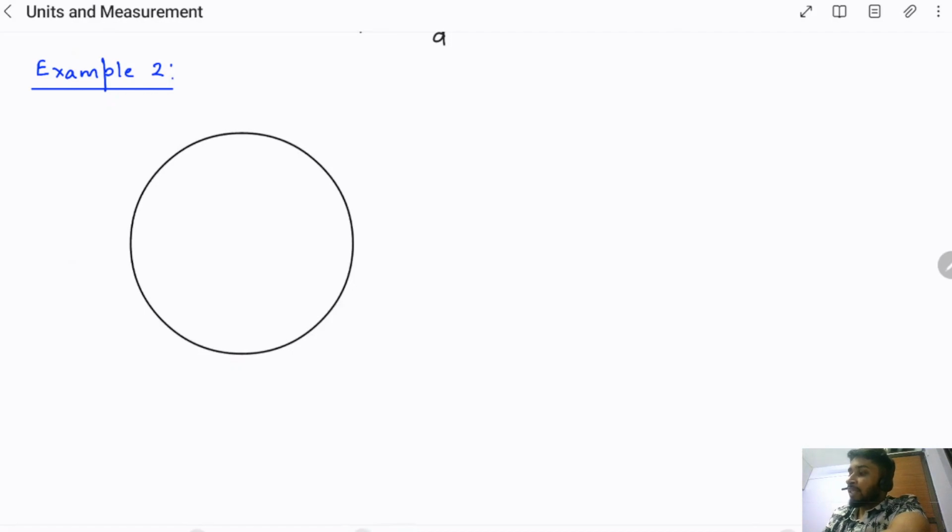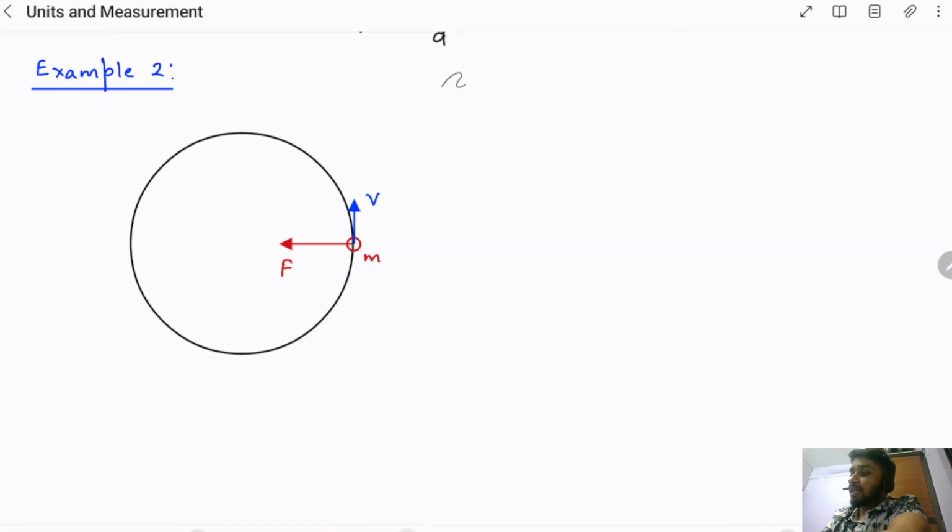So when an object of mass m moves in a circular path with certain speed v, then it experiences a force towards the center of the circle.